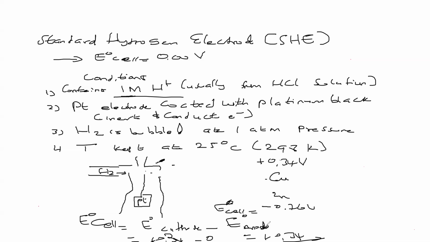The standard conditions: we must have the temperature at 25 degrees Celsius, or 298 Kelvin. This is the room temperature. These are the standard conditions. This is the first standard condition, and we must have a concentration of 1 mole per decimeter cubic.